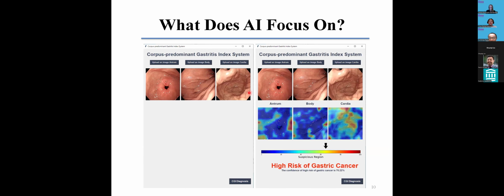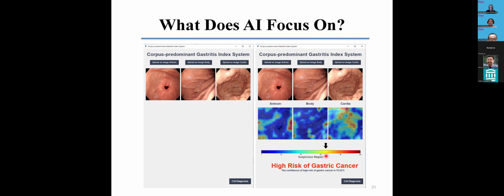So we also developed a system for medical doctor usage. The medical doctor can upload the images of the entrance, body, and cardia. Then our system will automatically show the attention map, which is from the channel attention layer, to let the doctor know which part is the focus of the network.